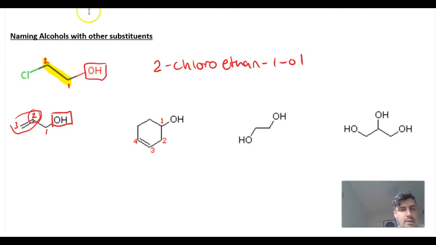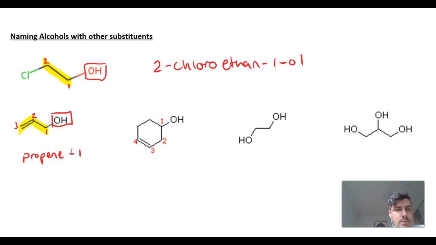It's a 2-ene. We have a 3 carbon chain, propene. The 1 carbon there, propene 1-ol. Now to show that the carbon's on the second, prop 2-ene 1-ol. And that shows where the alkene group is there.